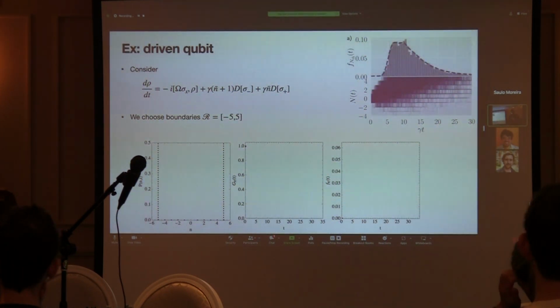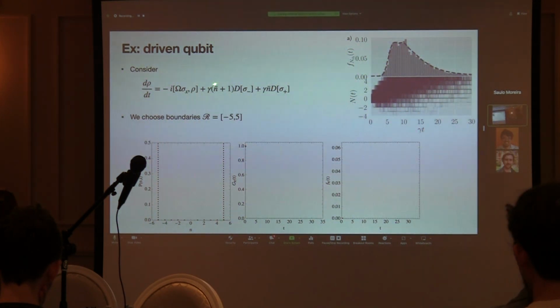Okay, so here's an example to clarify. Suppose you have a qubit with a Rabi drive, and so omega is the intensity of the Rabi drive, and it's also at finite temperature, so there's a damping rate gamma and a Bose-Einstein occupation n bar. And suppose we choose boundaries -5 and 5. Now, if you do this with quantum trajectories, here's how it's going to look. Each curve here is an individual quantum trajectory.